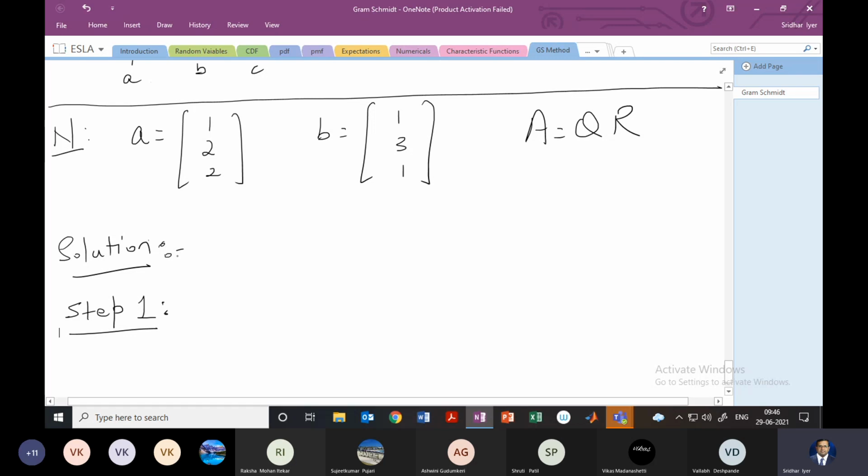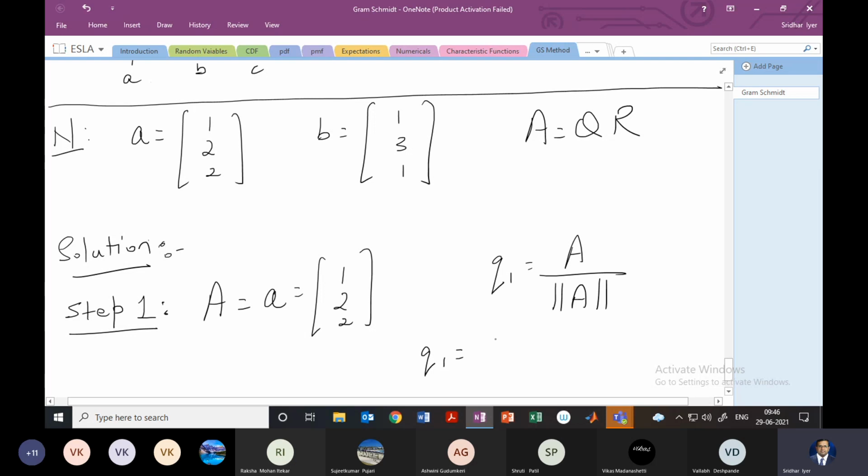So in the first step, we take A equal to small a. So this will be 1, 2, and 2. This is already given to us. From here we can find Q1, which is A divided by the length of A. So Q1 will be 1, 2, and 2 divided by square root of 1 square plus 2 square plus 2 square.